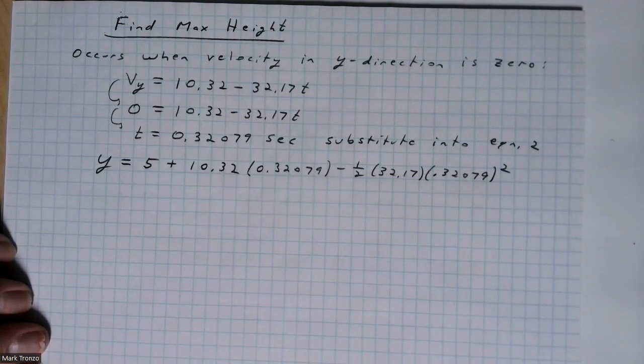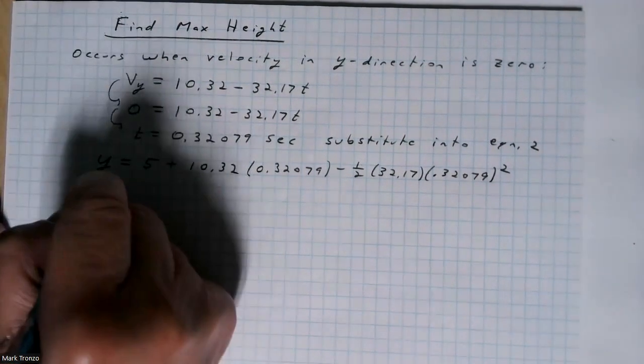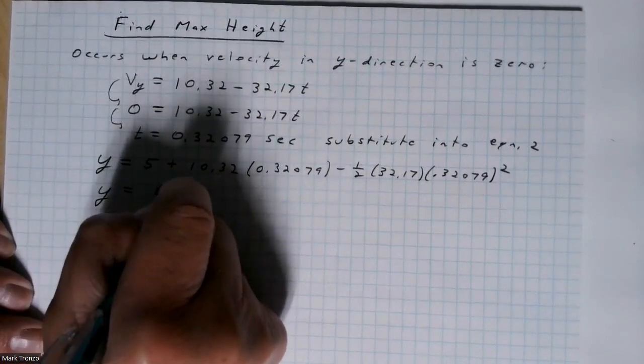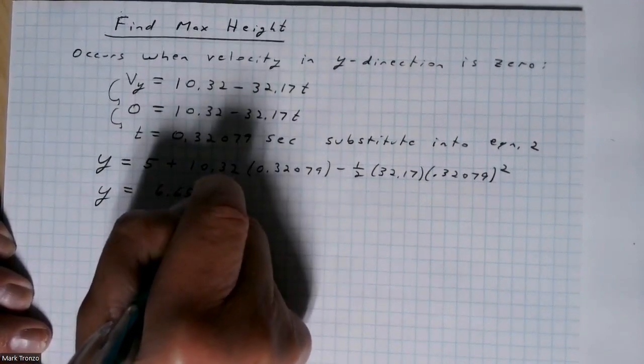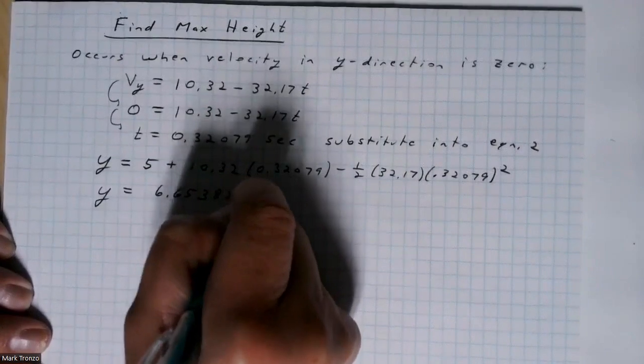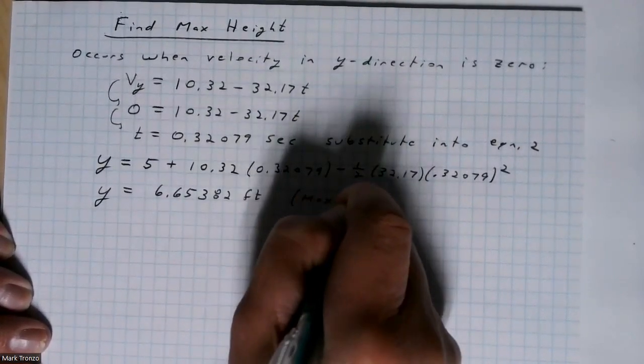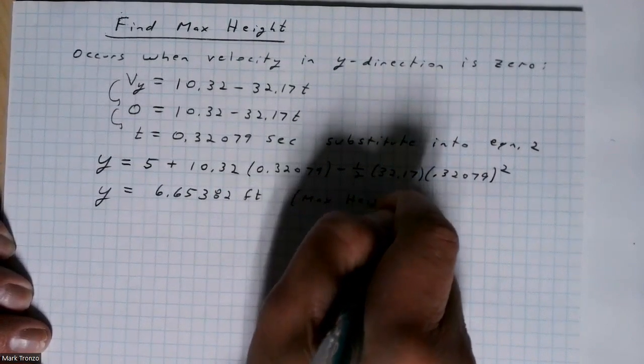And when we put all that in our calculator, we get y is 6.65382 feet. That's going to be the max height.